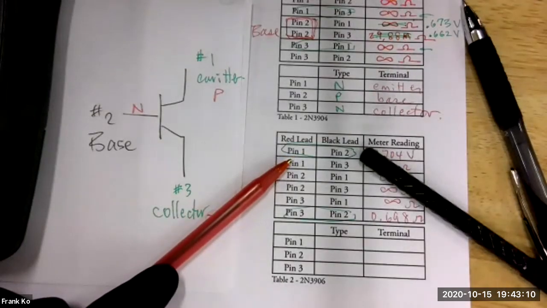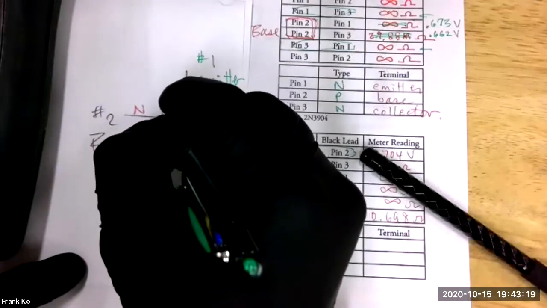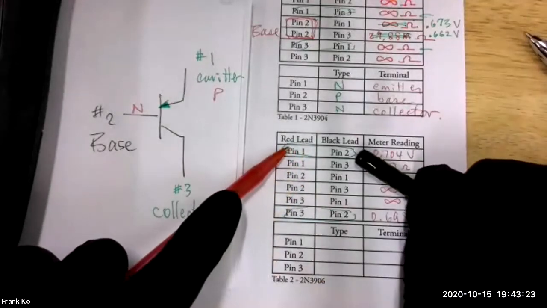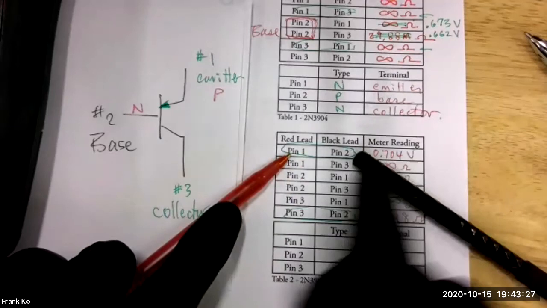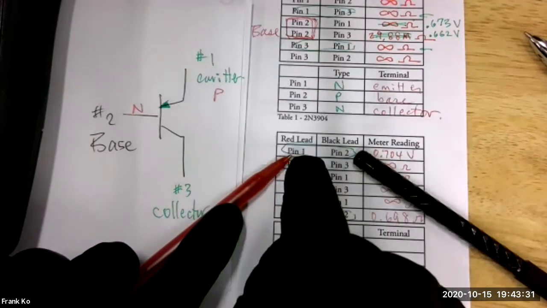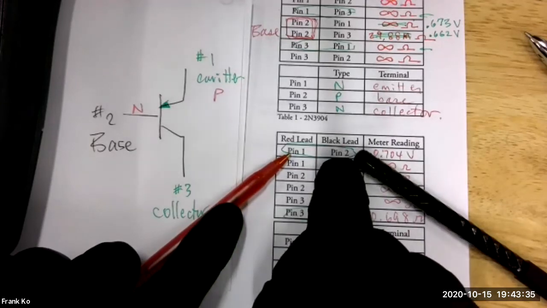Okay, you were correct. It always points to N-type material. But how do we know that we had N-type material here at the base? The way you know is by looking at the forward biasing that occurs here. Forward bias occurs when the black lead is on pin 2 and the red lead is on pin 1. That tells you pin 2 must be N-type material.